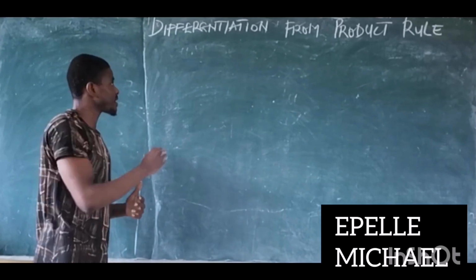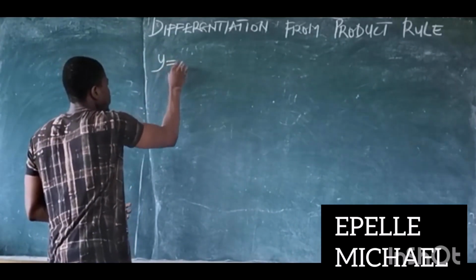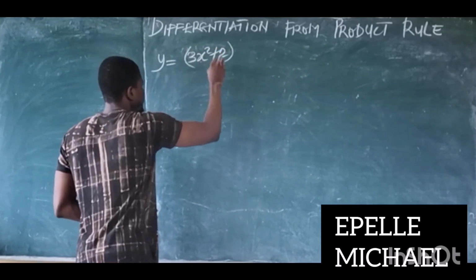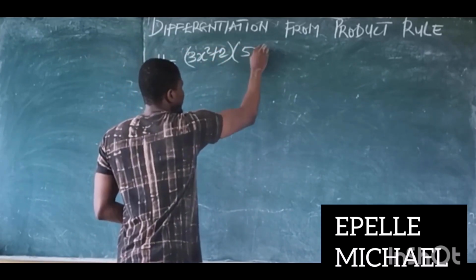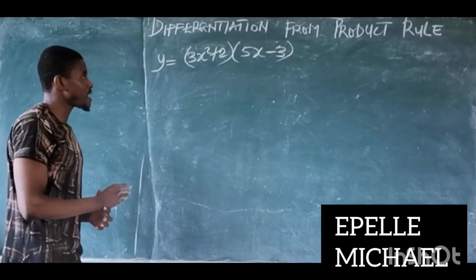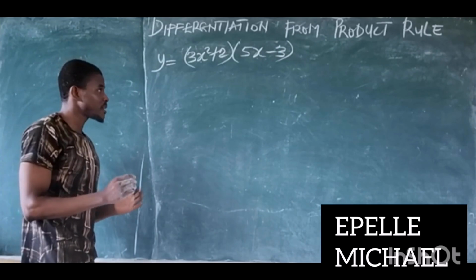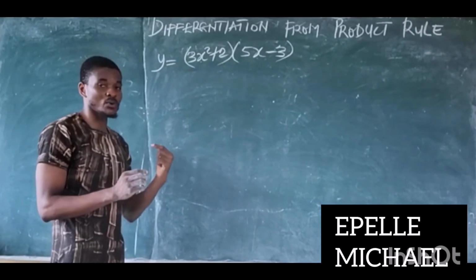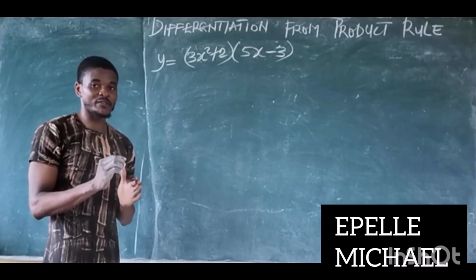Okay. Let's say I have y equal to 3x squared plus 2 multiplied by 5x minus 3. Let's say I have this and I'm asked to find dy/dx. Since I have this bracket multiplying this bracket, it means I'm going to employ the product rule of differentiation.